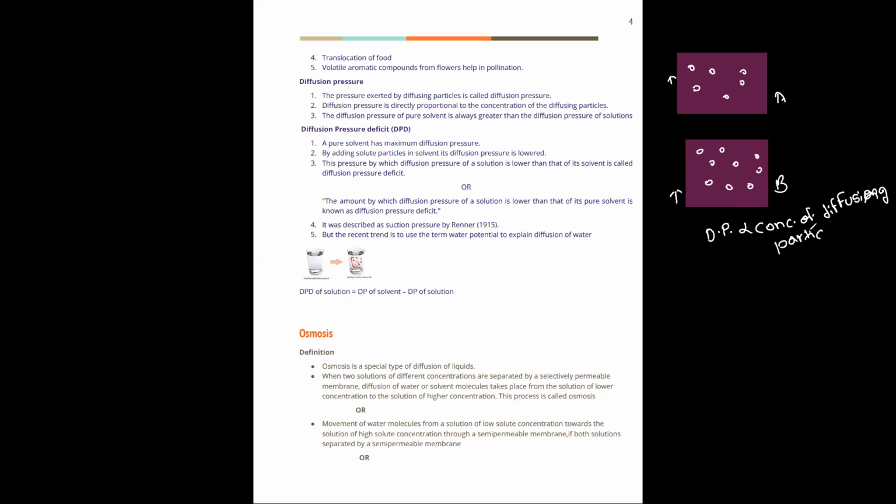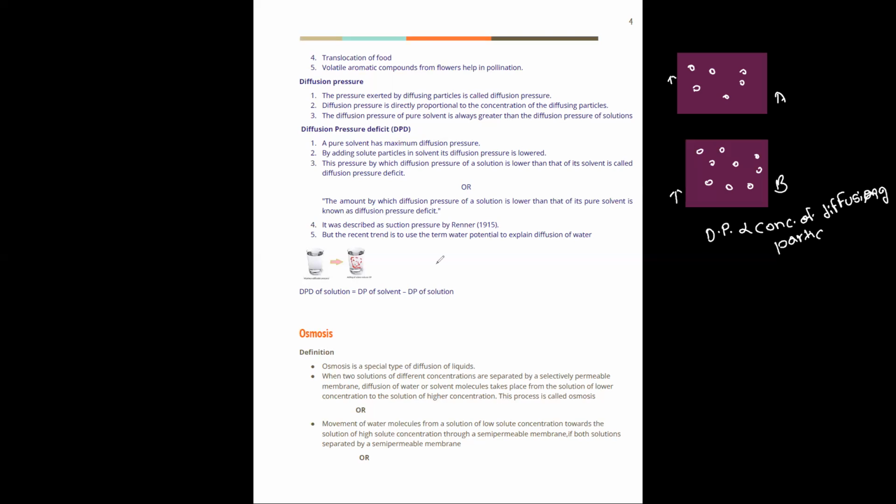There is one more piece of information given, and please listen carefully, because from these initial topics they might ask more questions, like what is diffusion pressure, what is diffusion pressure deficit, and so on. One more point is given: the diffusion pressure of a pure solvent is always greater than the diffusion pressure of a solution.